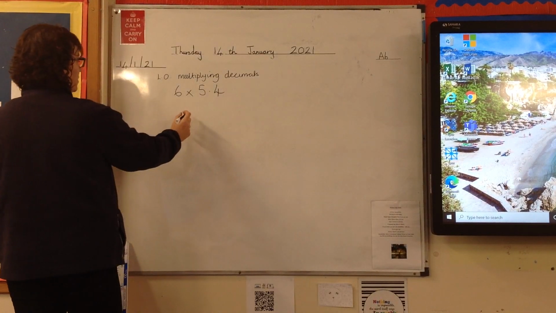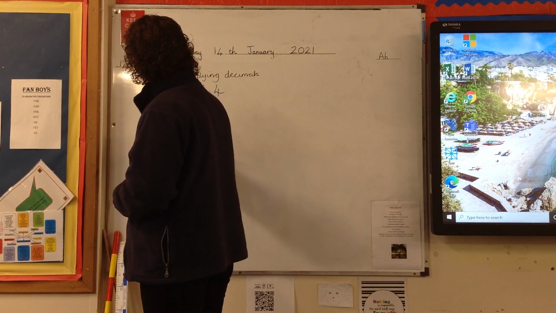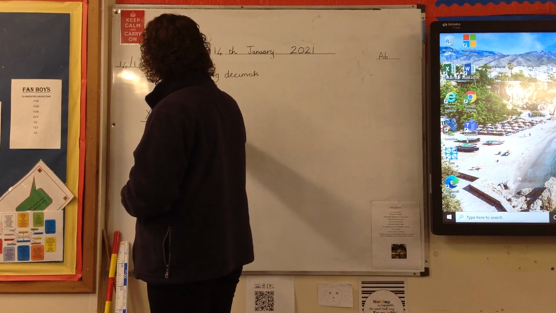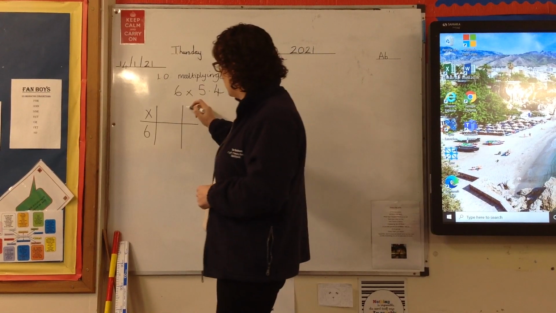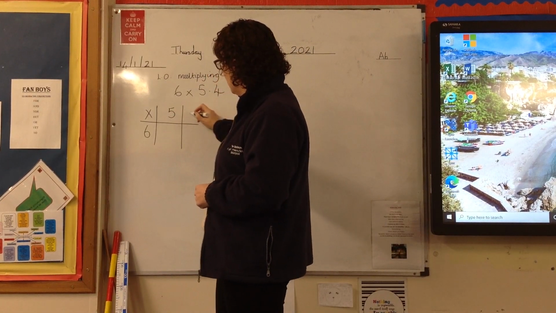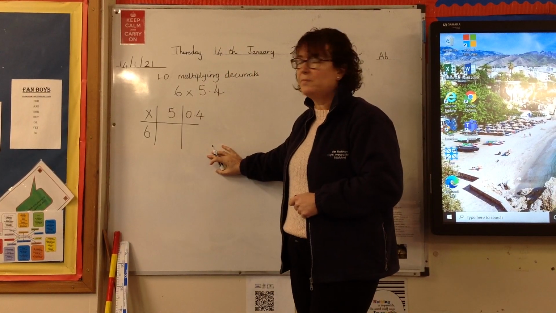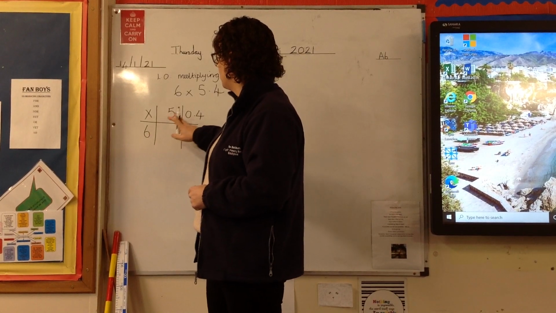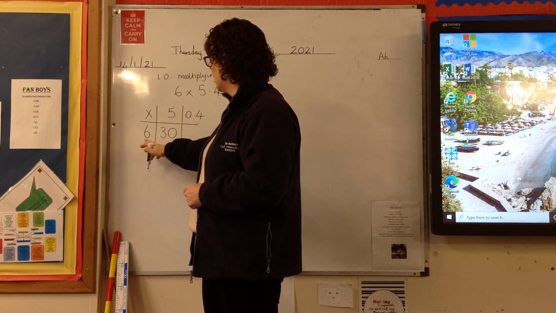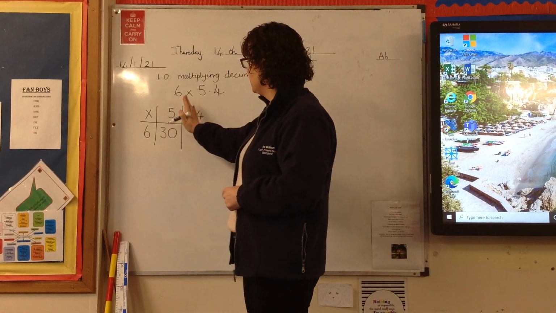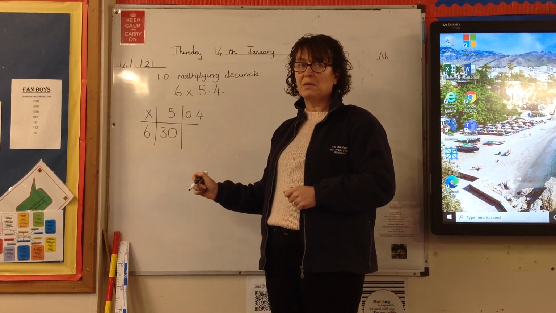So if you're going to use the grid method first, what we would do this time is put our 5 in there and our 0.4 in there. Does that make sense so far? Then we would do our 6 times 5, which is 30. And then we would do our 6 times 0.4. Now, we could just do 6 times 4, which is 24, which we said before.